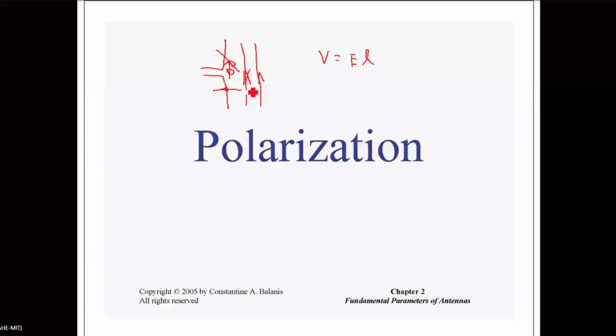Because the electric field, you can resolve it into two components. Suppose this is the electric field. You can resolve it into two components, one normal to the antenna, one parallel to the antenna. The normal part does not contribute. The part which is parallel to the antenna will contribute.